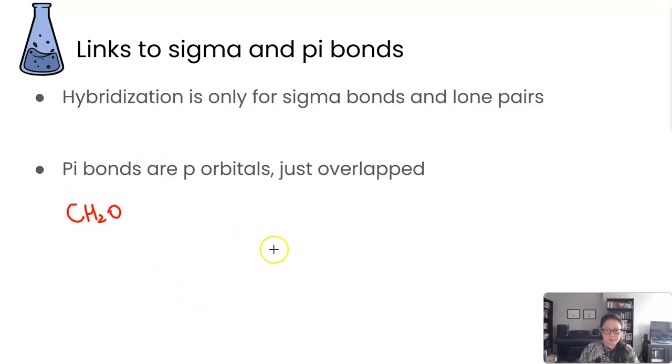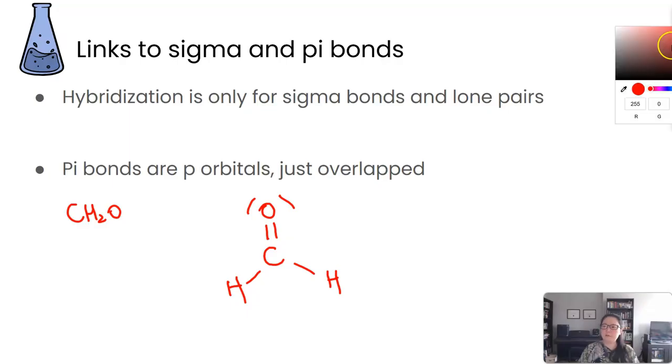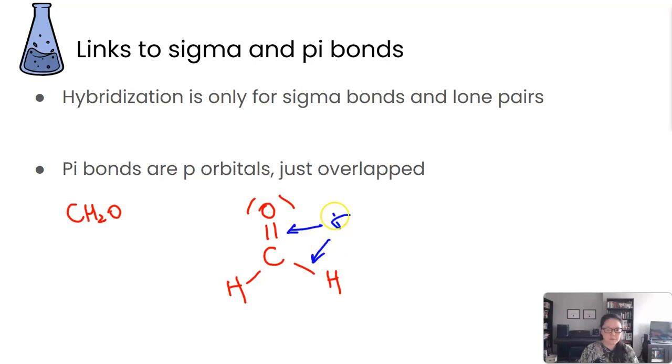If we're going to take CH2O, we're going to draw out that structure, and then you want to know what the hybridization around that carbon is. Well, this carbon has a sigma bond there, a sigma bond here, and also a sigma bond there.